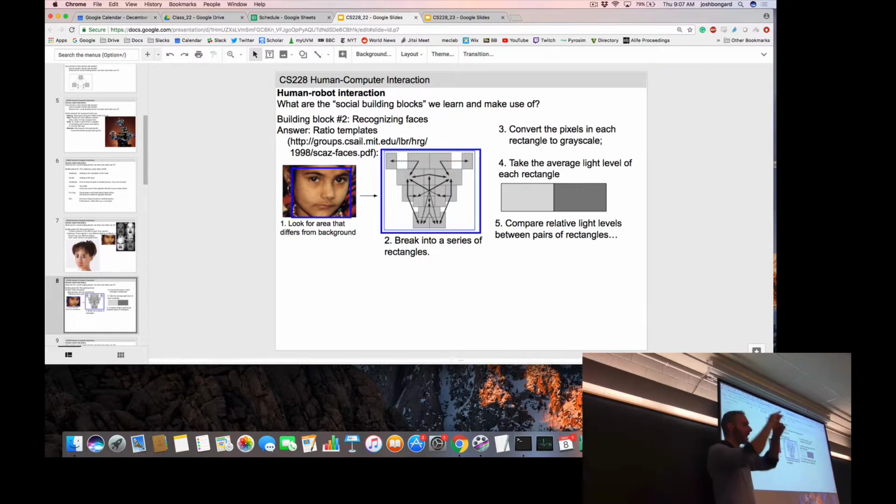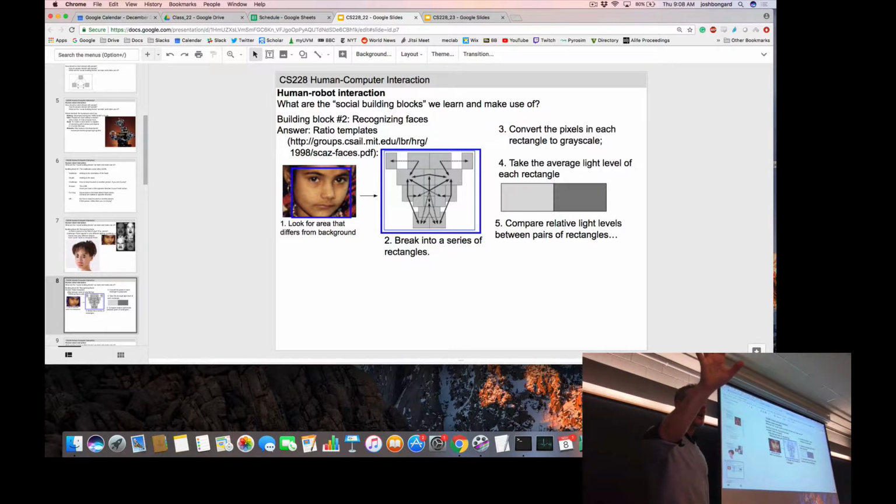It's then going to take that bounding box, where it's found different color compared to the background, and it's then going to lay down a bunch of smaller boxes inside the bounding box at exactly this orientation, in exactly this way, which doesn't really look like a face, but kind of. It's going to then take each of these rectangles, and it's going to take the average grayscale inside each rectangle.